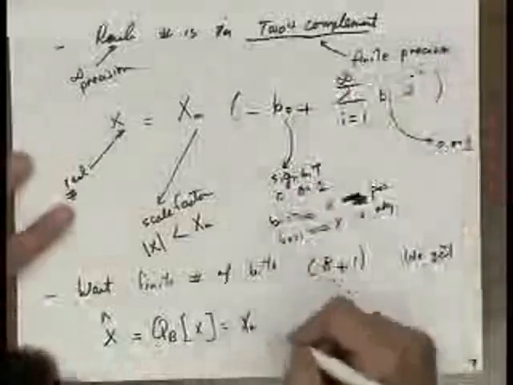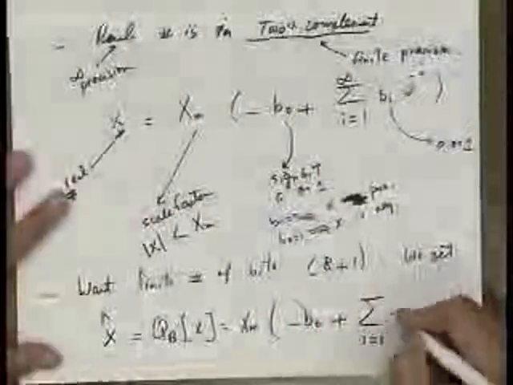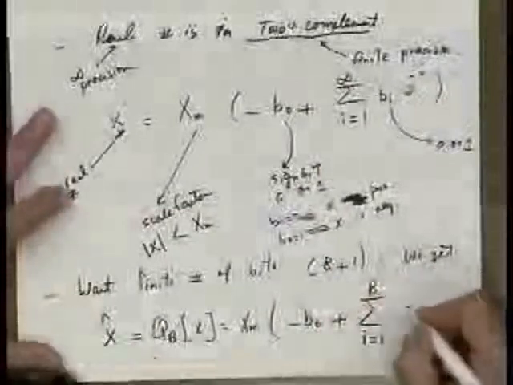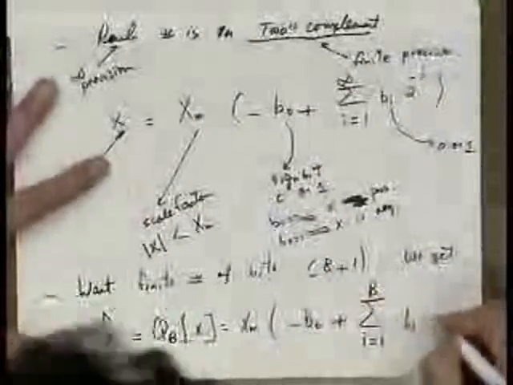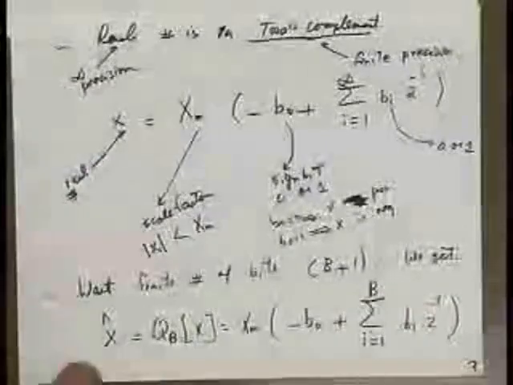I'm going to stop at b. It's minus b naught plus the summation i from 1 to b of b sub i 2 to the minus i. Okay?